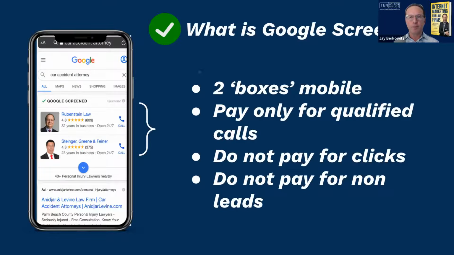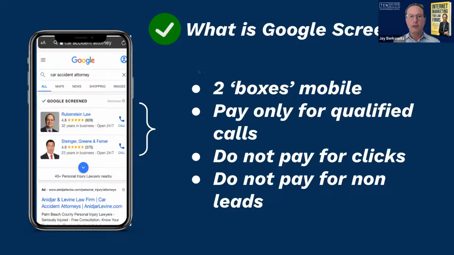Pay per click, PPC, these paid ads down below the screen that Google's had for pretty close to 16 or 17 years now, only get you a click to your website. But with Google Screened, the new program, you pay for a call or you pay for a lead.